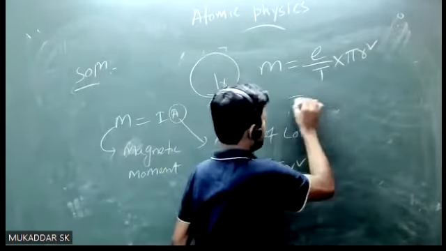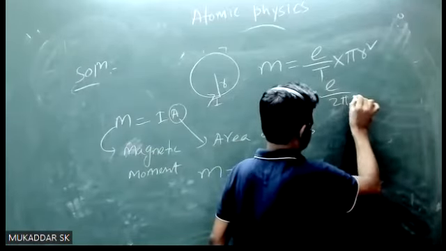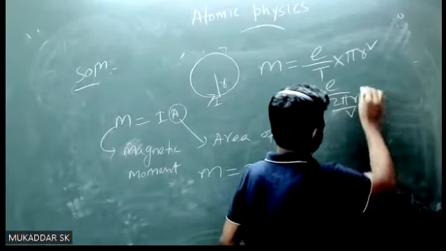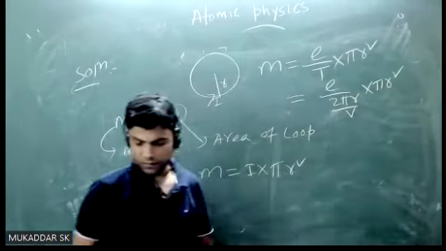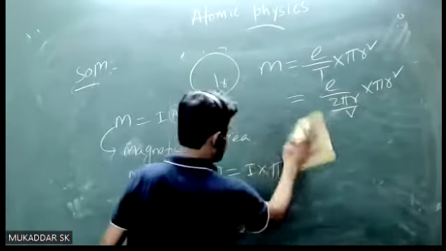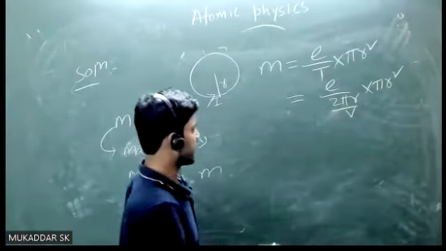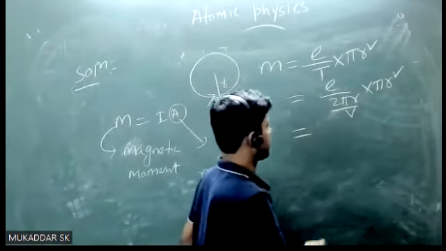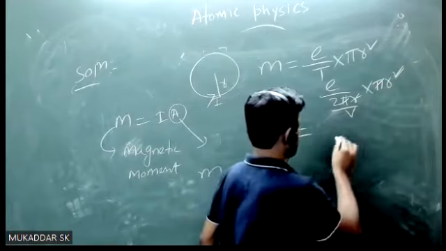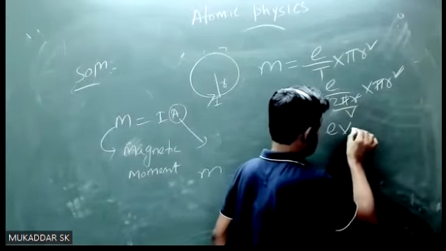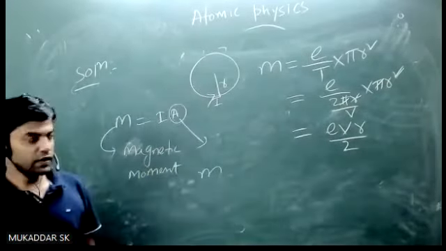And also we have defined that T is nothing but 2 pi r by v, so it should be multiplied by pi r square. If we do the calculation, pi will be cancelled, one r will be cancelled. So you will end up with evr by 2.